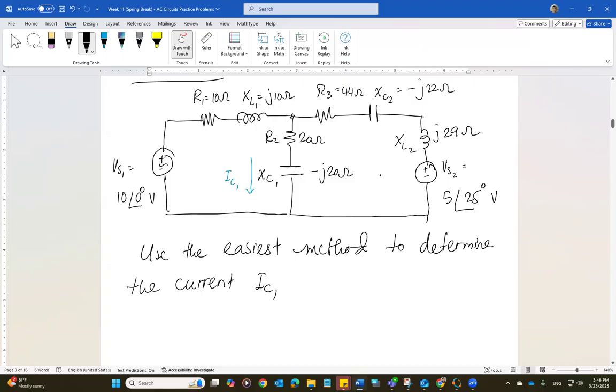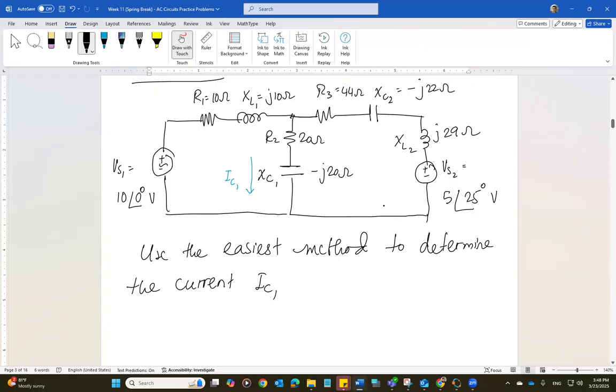Except that if you are going to make any component in parallel, that is going to be a mistake, because in this circuit, none of the components are in parallel. Many of you are still making that mistake: you assume, let's say, Z3 and Z2 are in parallel, and then you add them together, and they're not in parallel. Remember, parallel means that they must be connected between the same nodes, and they are not. So actually, we also have XL2. So in this case, R3, XC2, and XL2 will be in series.